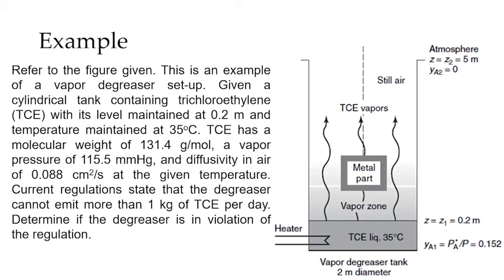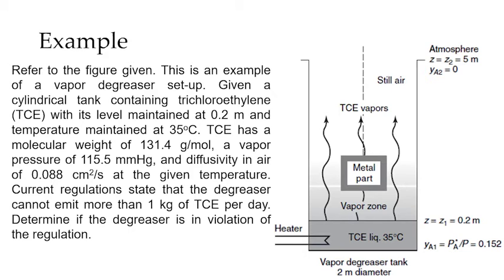TCE has a molecular weight of 131.4 grams per mole, a vapor pressure of 115.5 millimeters of mercury, and diffusivity in air of 0.088 square centimeter per second at the given temperature. Current regulations state that the degreaser cannot emit more than 1 kilogram of TCE per day. Determine if the degreaser is in violation of this regulation.